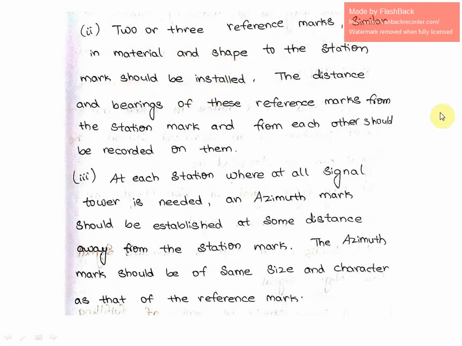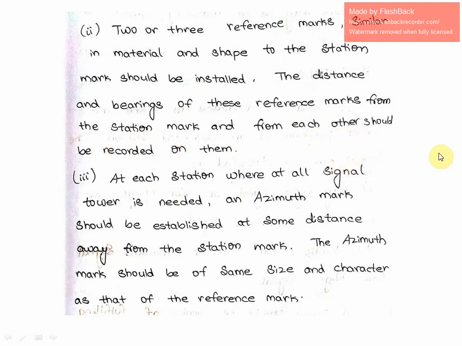So as I told, when you are taking the reference from station A to mark station B, you are taking the reference of station A, and that should be written here, the two or three reference marks. The distance and bearings of these reference marks from the station mark and from each other should be recorded on them.